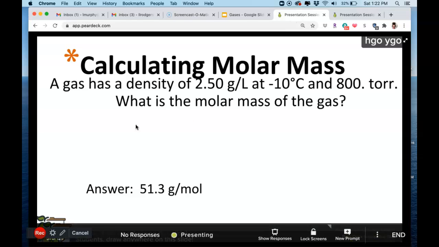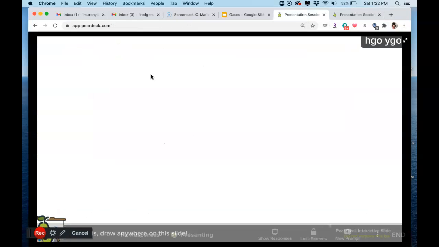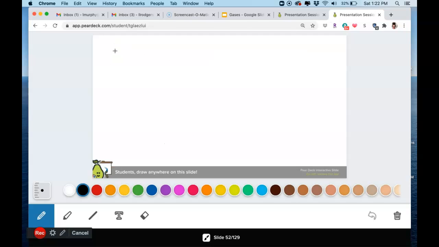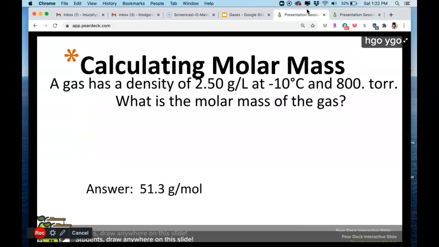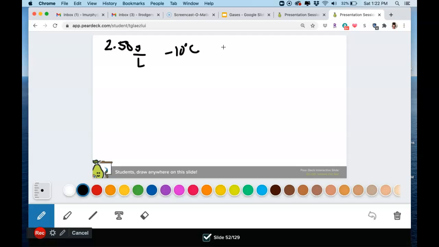So next, I give you a gas and I tell you its density, and now I want its molar mass, and I give you a temperature and a pressure. So 2.50 grams per liter, negative 10 degrees Celsius, 800 torr. I'm just writing it so I don't forget it.